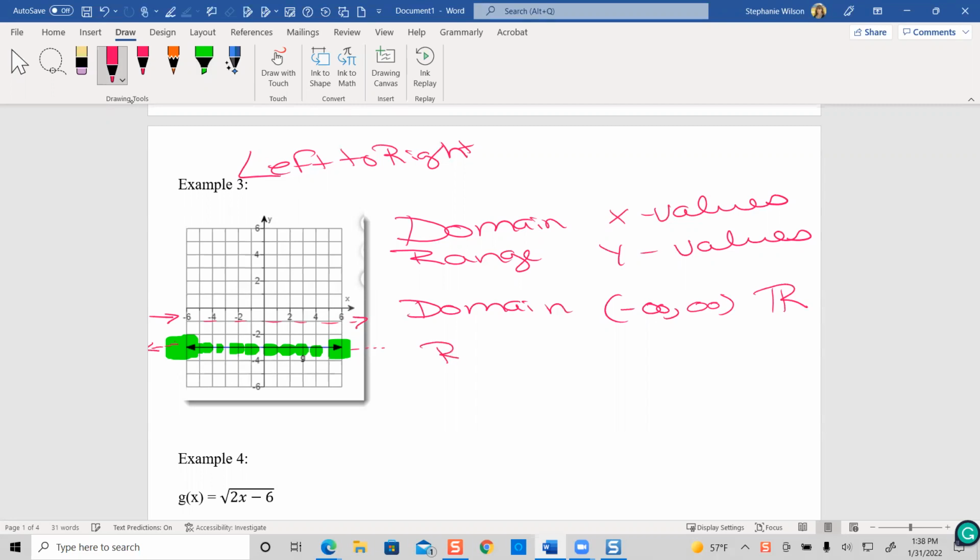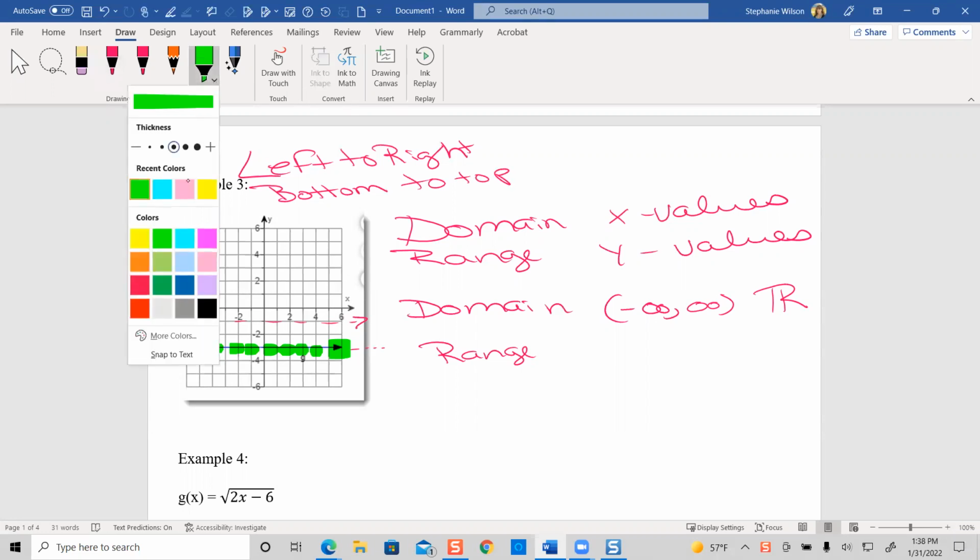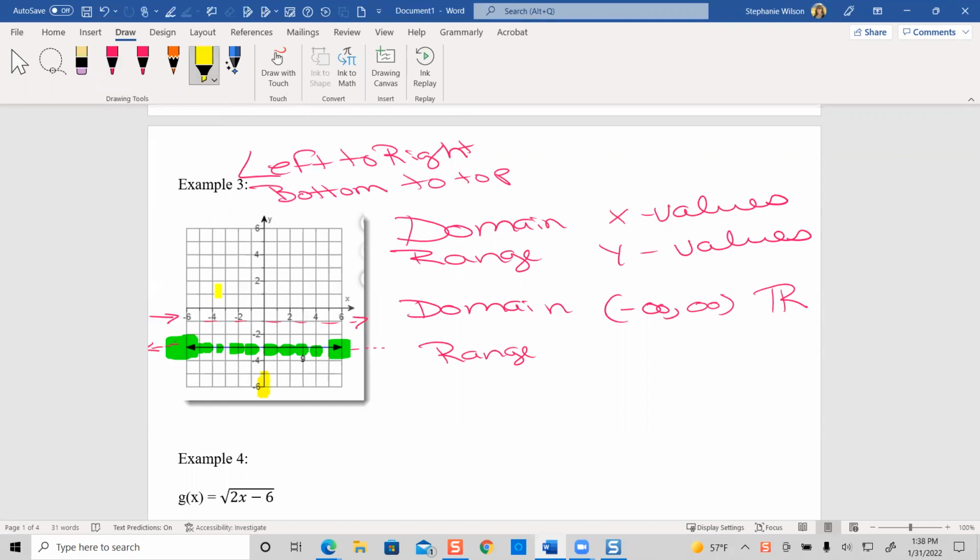Now let's look at the range. Whenever we look at the range, we always read bottom to top. And if y'all notice, we're always starting with the smaller numbers and working our way up to the larger. So our range is going to start right here, and I'm going to go up to where I hit the line. I notice it hits right here at 3.